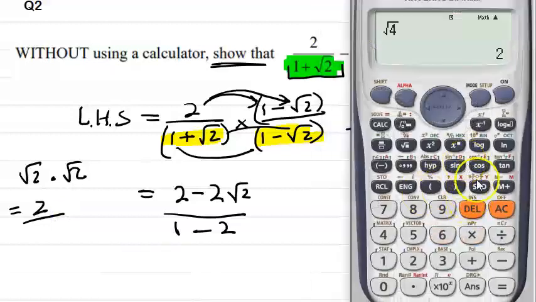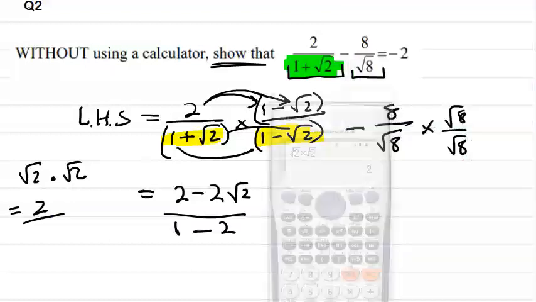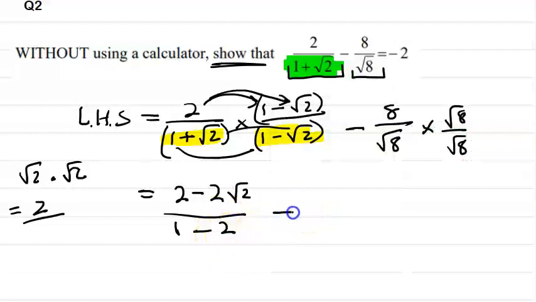The roots cancel, you can say. Now, 8 times root 8 is going to be 8 root 8. Once again, the square root of 8 times the square root of 8 is equal to 8.